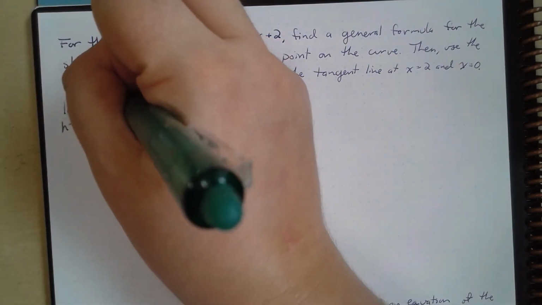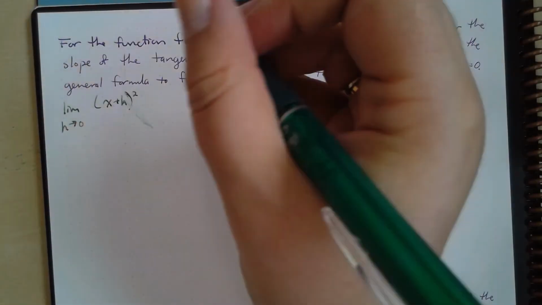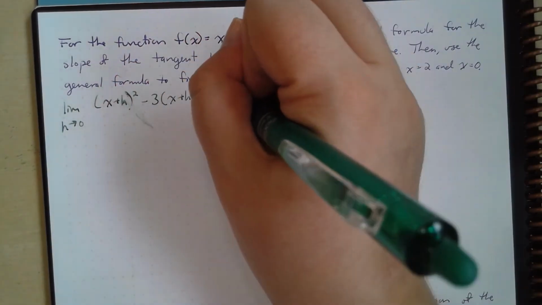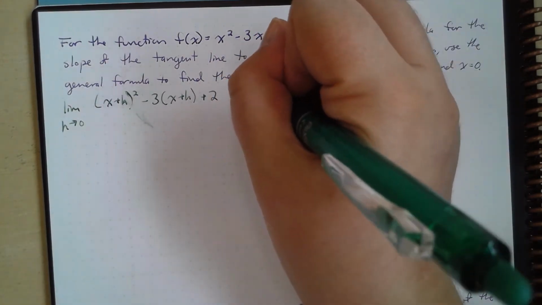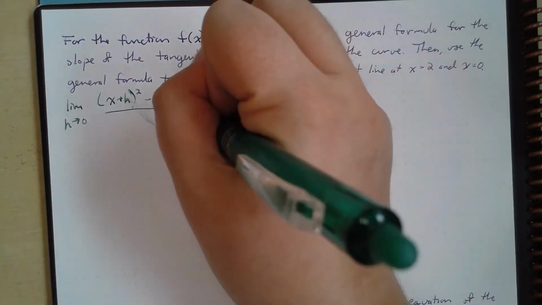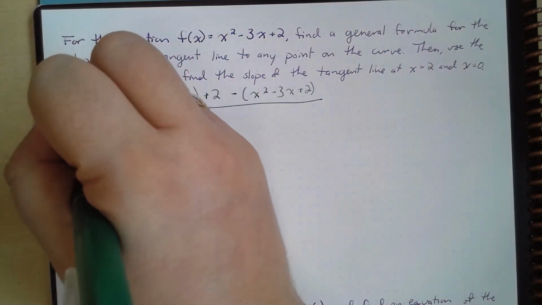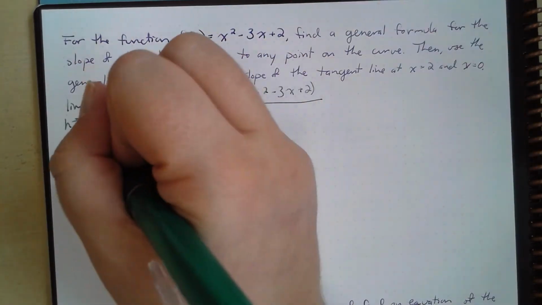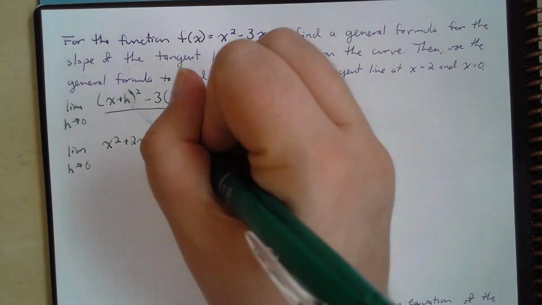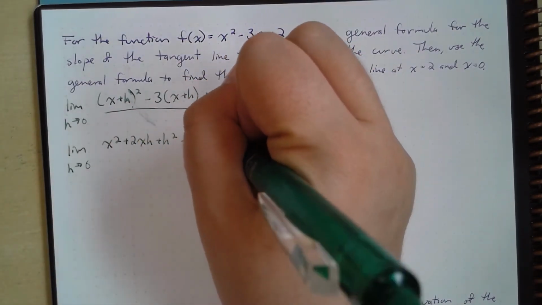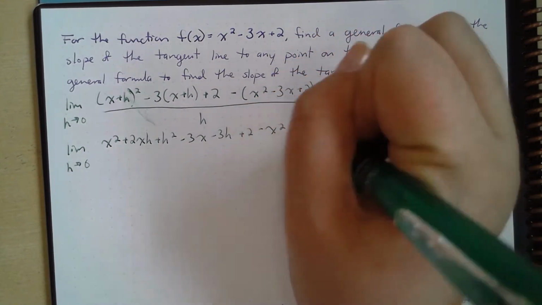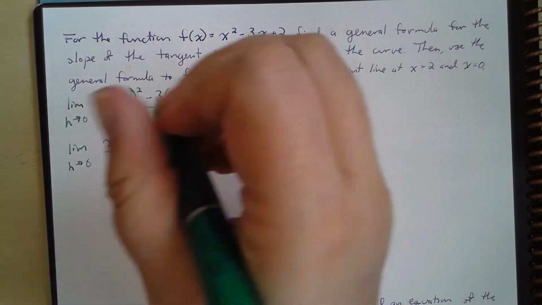Cubed would be kind of a nightmare for us. x plus h squared minus 3 times x plus h plus 2 minus x squared minus 3x plus 2, all over h. So we've got our limit as h approaches 0 of x squared plus 2xh plus h squared minus 3x minus 3h plus 2 minus x squared plus 3x minus 2, all over h.